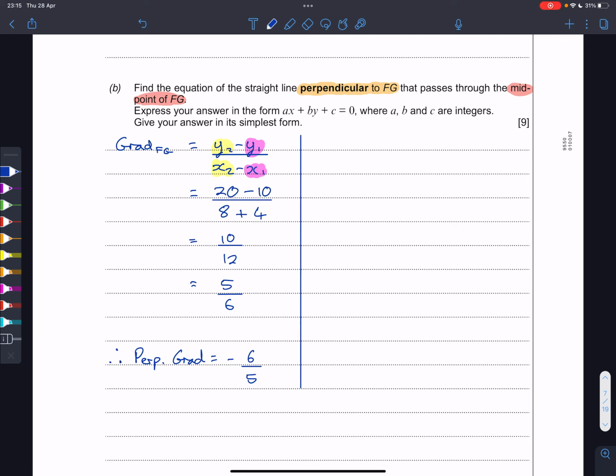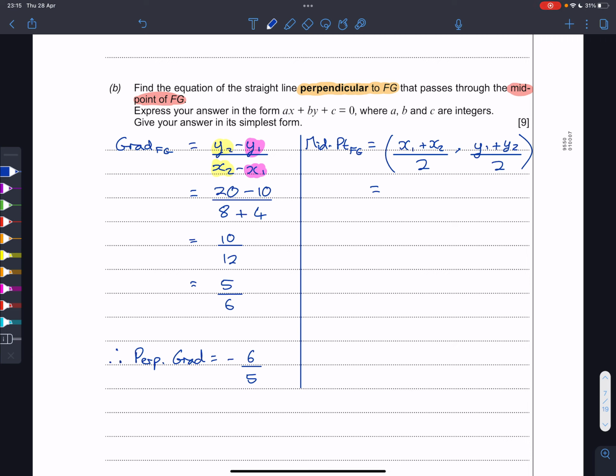Now I'm going to look for this midpoint. Okay, so the midpoint of FG is, well, we're going to add our x's together and divide by 2, and add our y's together and divide by 2. Essentially, we're finding the mean of both of them.